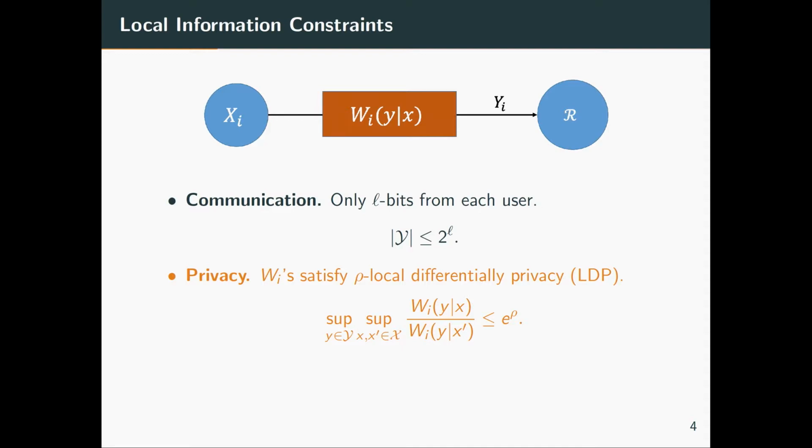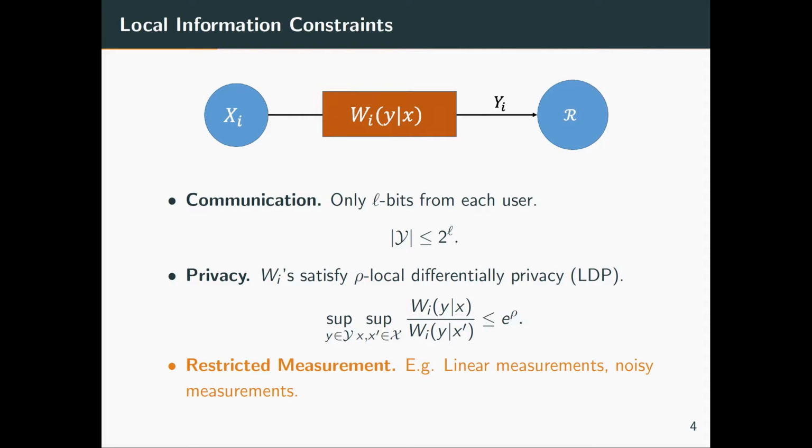You can see the smaller rho is, the closer the output distributions are, and the more privacy you have. And there can be other constraints like restricted measurements, for example, linear measurements or noisy measurements.